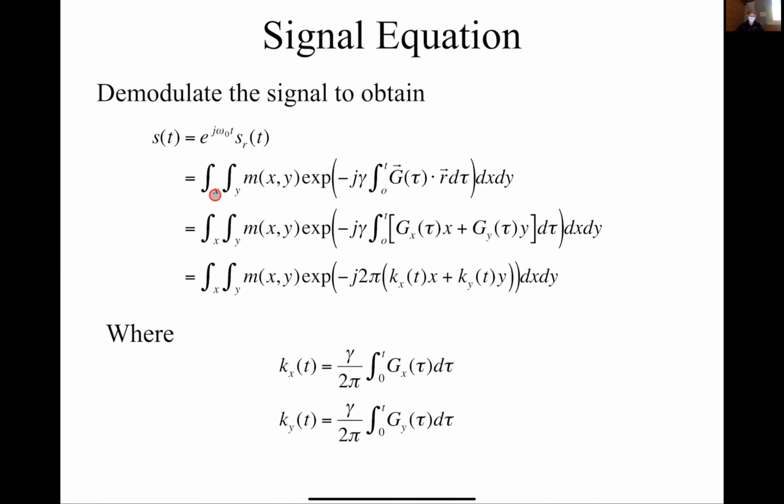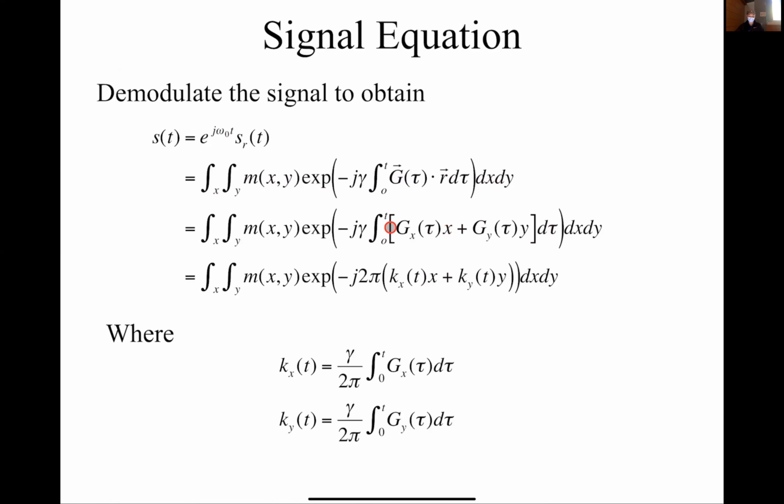So let's expand this out. We've got our object. We've got this phase term that we've been dragging around using this compact notation. Now we're going to expand this back and say, well, that's just gx, x, and gy, y. Okay. And then we can look at this integral over t. The x is not a function of t, so we can pull that out.